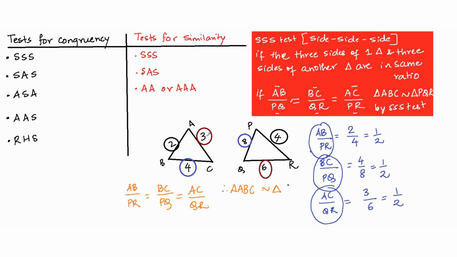So A is where 2 and 3 meet, and R is where 4 and 6 meet. So A is corresponding to the point R. Then B is where 2 and 4 intersect, and P is where 4 and 8 intersect. So B corresponds to P. B is the second letter here, so P has to be the second letter, and C corresponds to Q. Therefore, these two triangles are similar to each other by the SSS test.